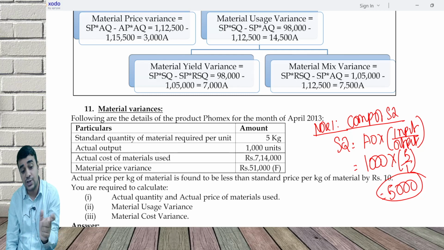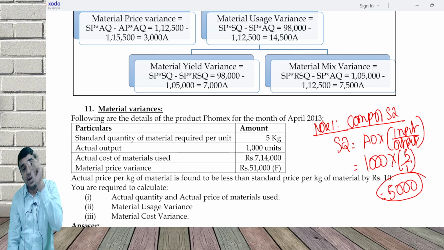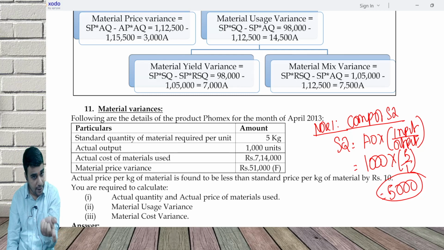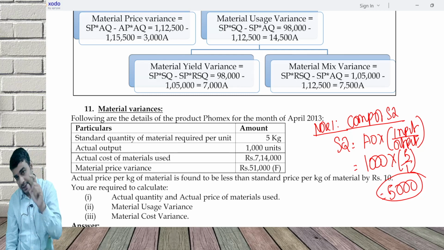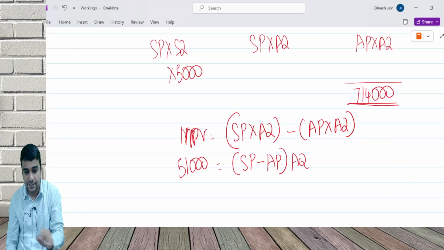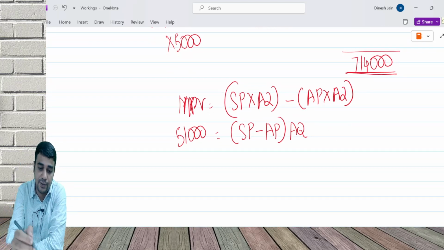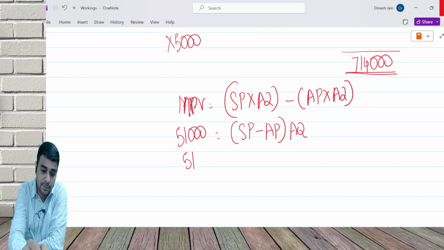Question says actual price is found to be less than the standard price by 10 rupees. So the gap between SP and AP is 10. So now write 51,000 equal to SP minus AP into AQ, equal to 10 AQ. You'll get the answer to AQ.